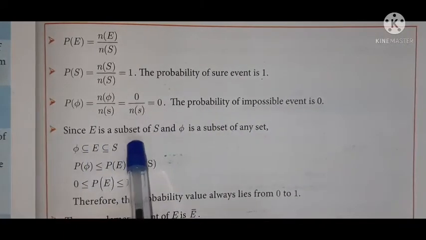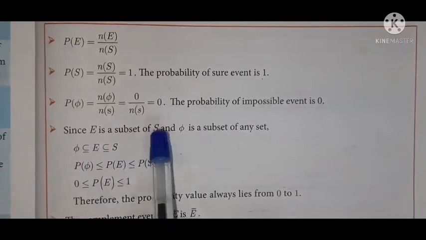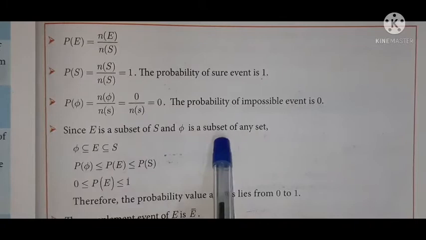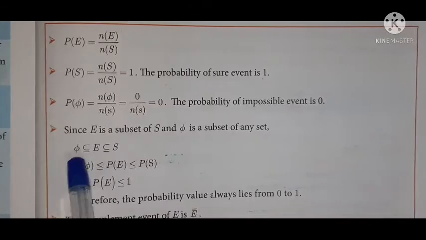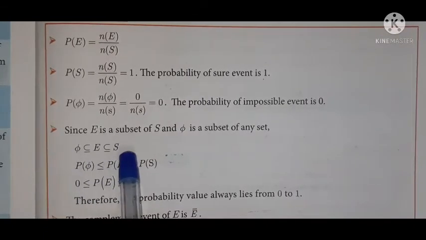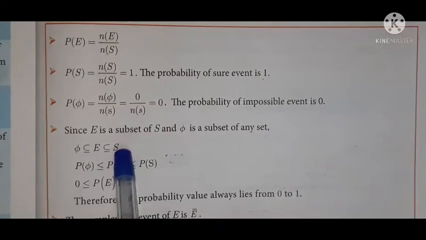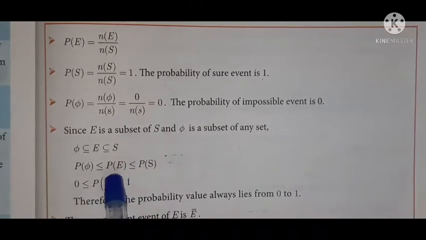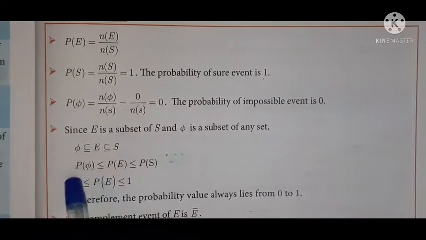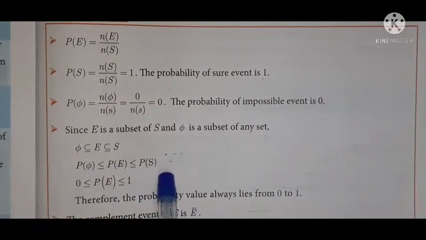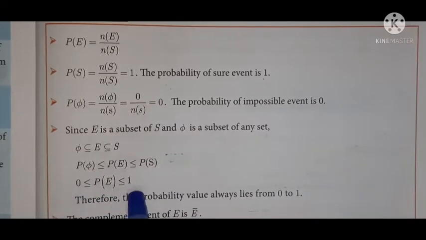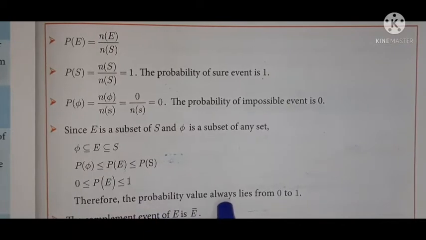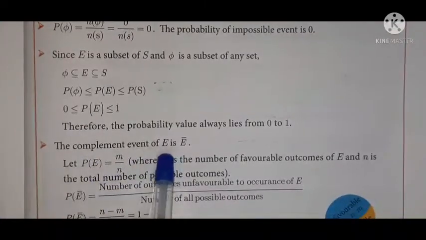Since E is a subset of S, where E is the event and S is the sample space, and the null set is a subset of any set, the null set is a subset of the event, and the event is a subset of the sample space. So P of null set is less than or equal to P of E, which is less than or equal to P of S. That is, P of E is greater than or equal to 0 and less than or equal to 1. Therefore, the probability value always lies from 0 to 1. The complement of E is E dash.